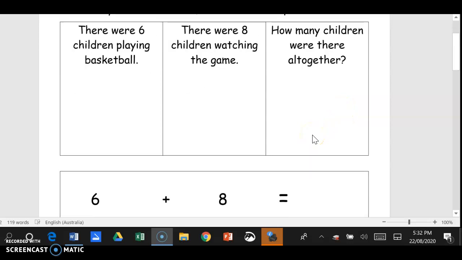So then we go down here. There were 6 children playing basketball. So I got the number 6 and I've put it there. There were 8 children watching the game. So I've got the number 8 and I've put it there.